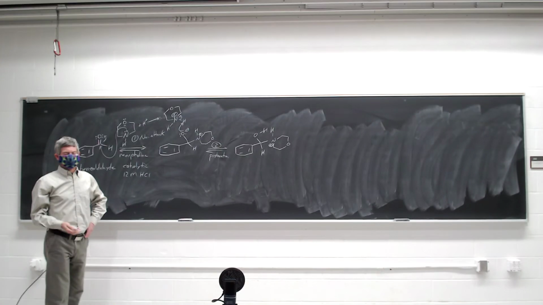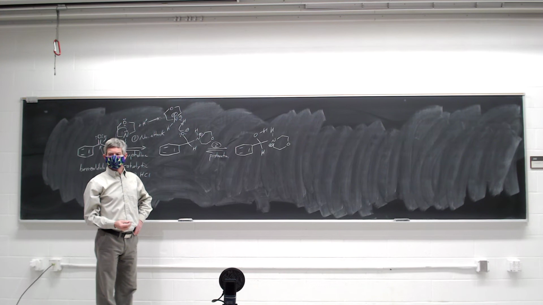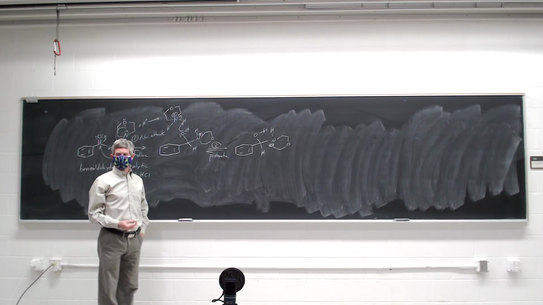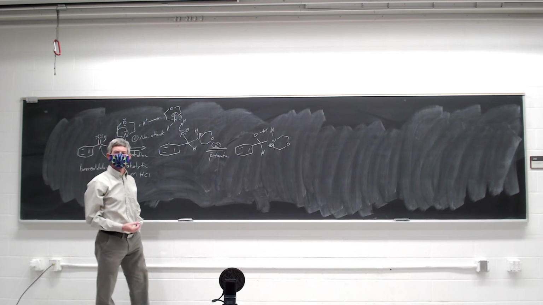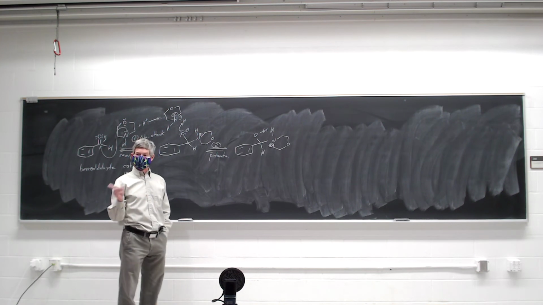And then what? Anyone can jump in. It doesn't have to be the same person every time. What would be next? What was the product of step 3 when we reacted with the hydroxylamine?